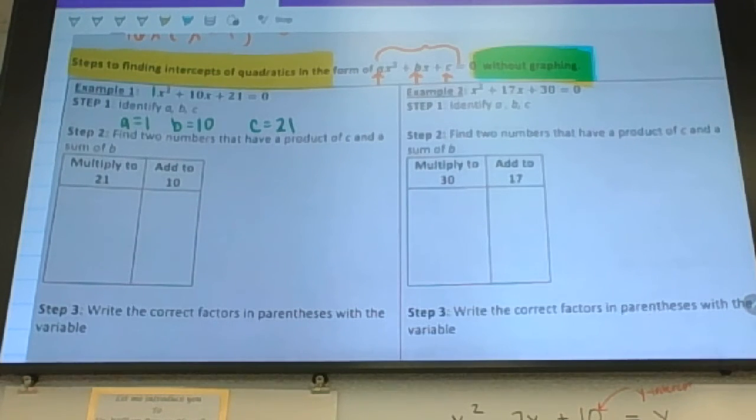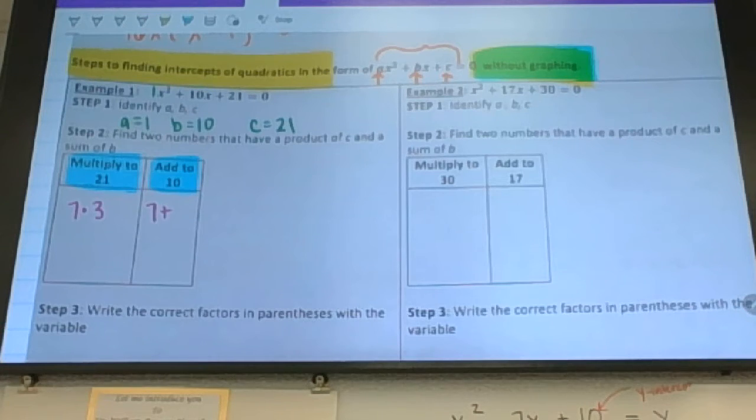In order to break this into 2 sets of parentheses, we need 2 numbers that will multiply to C, multiply to 21, and add to 10. What types of numbers would multiply to be 21? 7 times 3 is 21.